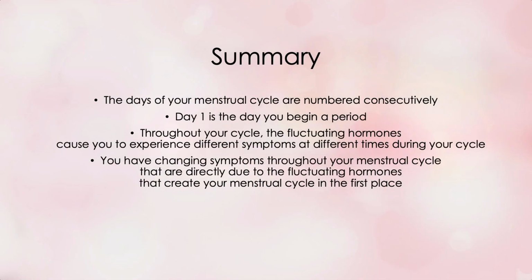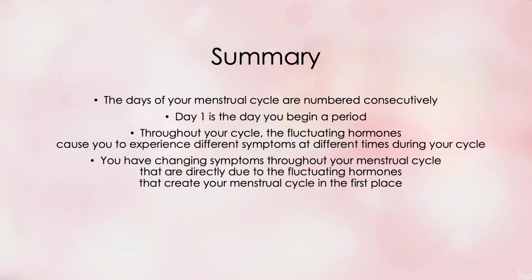Your summary for today is simple. The days of your menstrual cycle are numbered consecutively. Day 1 is the day you begin a period. Throughout your cycle, the fluctuating hormones cause you to experience different symptoms at different times during your cycle.